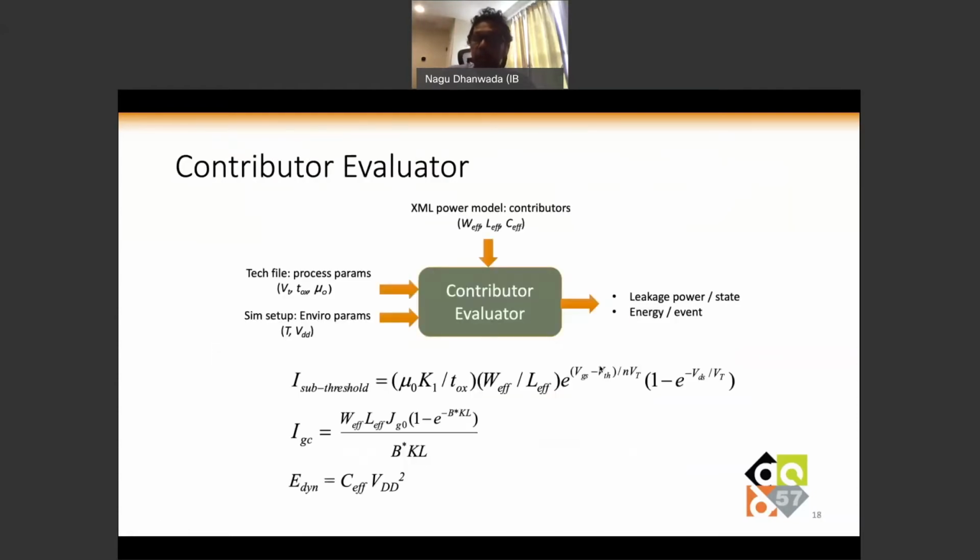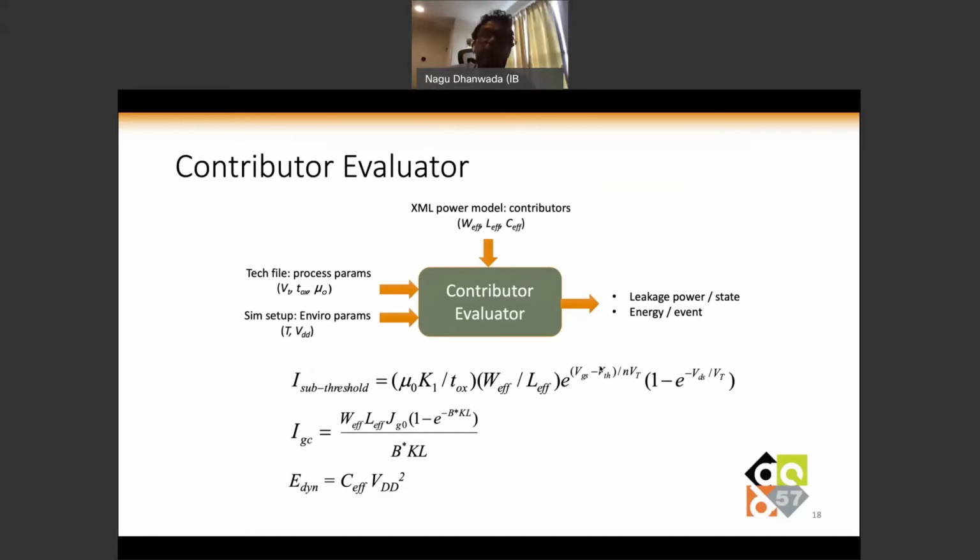Now, a little bit on the contributor evaluator. The contributor evaluator is an expression or a set of expressions that evaluate a contributor using specified parameter values in order to return power or energy, right? The UPM specification does not mandate any particular implementation, and it can be anything from a circuit simulator to a simplified set of equations that are evaluated in line to compute the power and energy values, right?